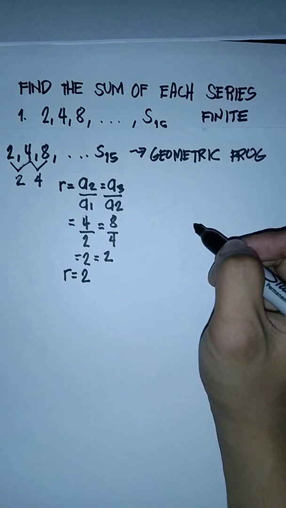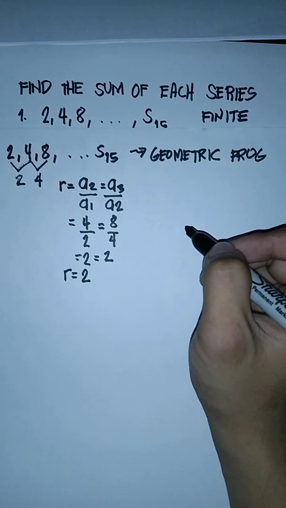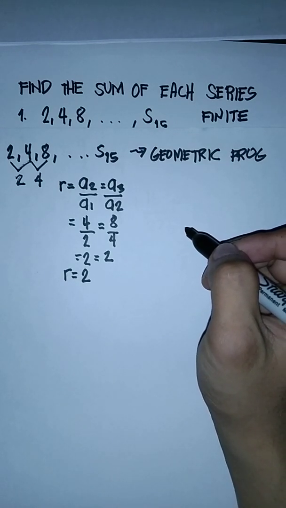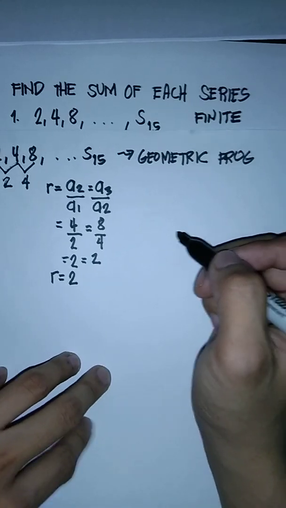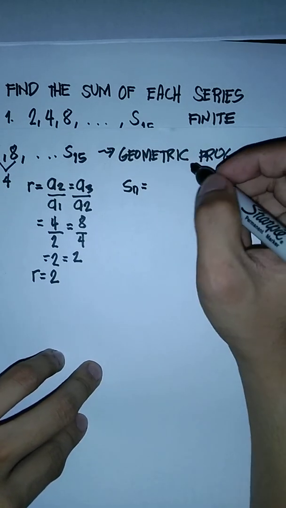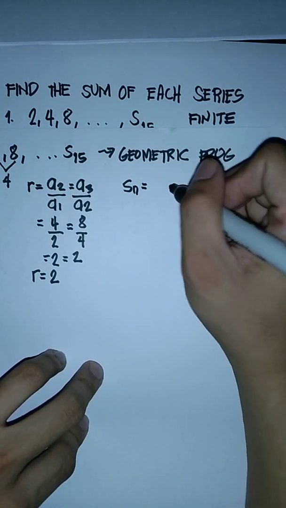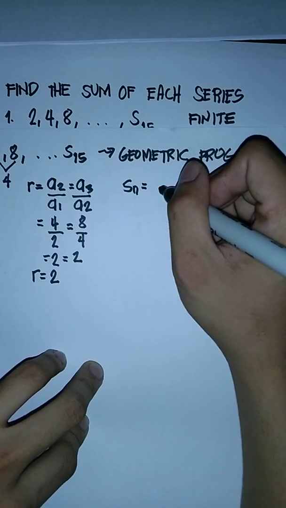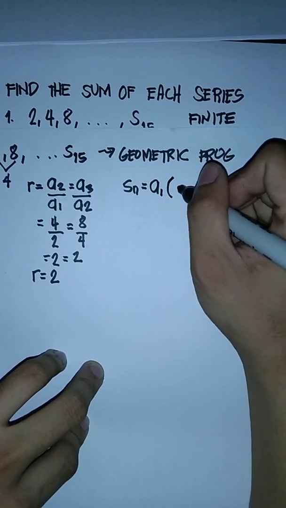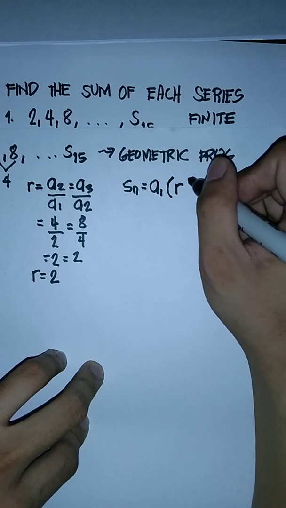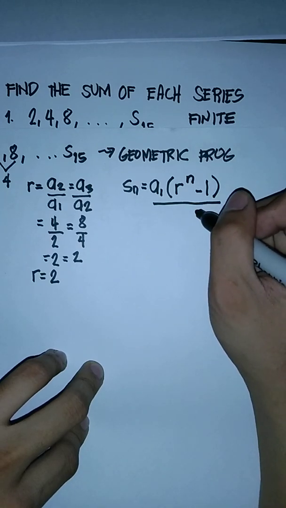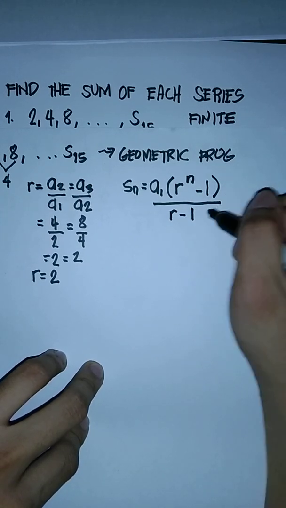We have 2. Ngayon, pwede na natin siyang i-substitute para malaman natin kung ano yung value ng ating summation. So, para sa ating summation, meron tayong formula na Sn, summation ng ating geometric progression, equals first term, which is A1, times the quantity ng ating ratio raised to n minus 1, all over yung ating ratio minus 1.